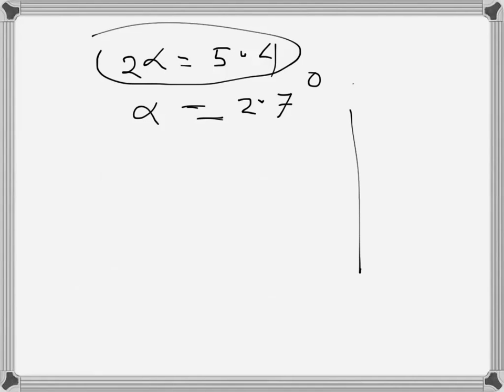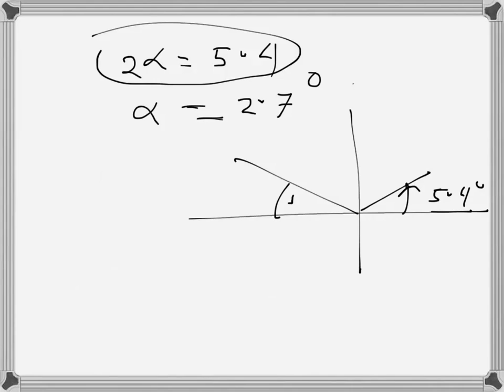and that one gives 2 alpha as 5.4, or alpha will be 2.7 degrees. So basically 2 alpha is 5.4. Since this is a positive angle, it can be either 5.4 degrees here, or, of course exaggerating the angle, it can be 174.6 degrees in the positive direction.